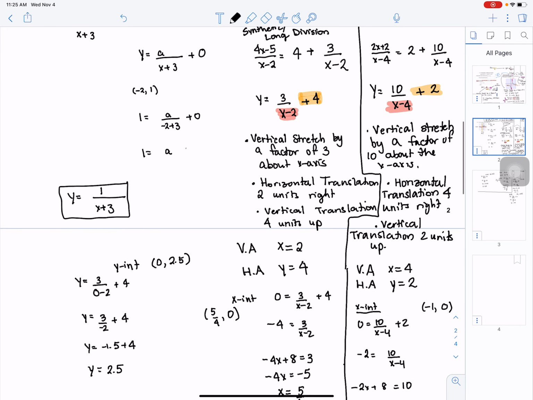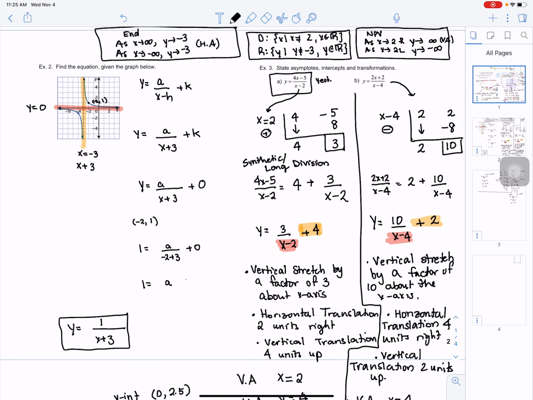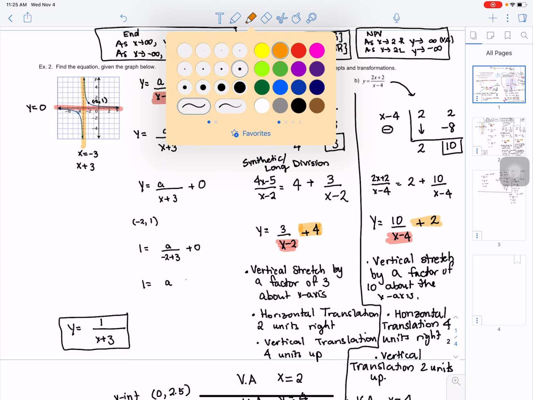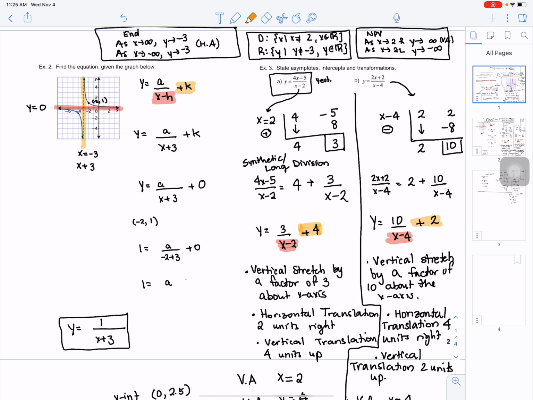There's not a lot going on with transformations that you don't already know, so it tends to go a lot quicker. Key ideas: the denominator represents your vertical asymptote, and your k value represents your horizontal asymptote.